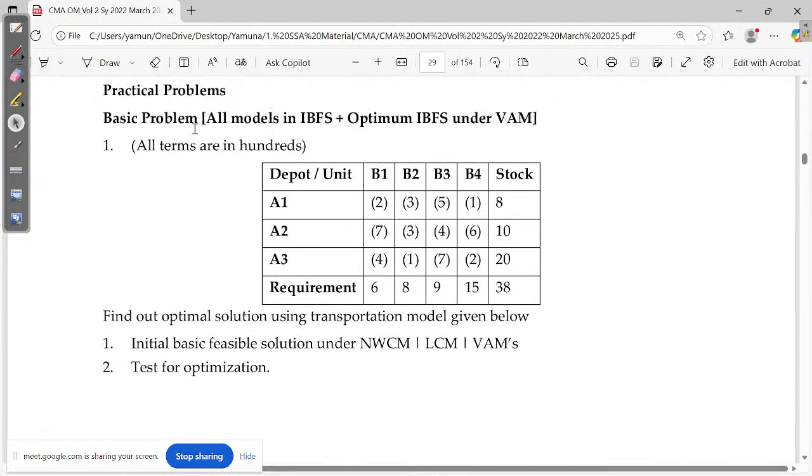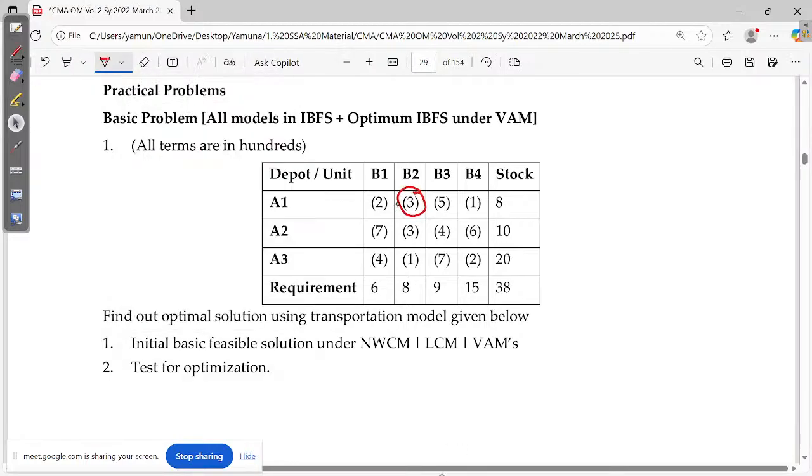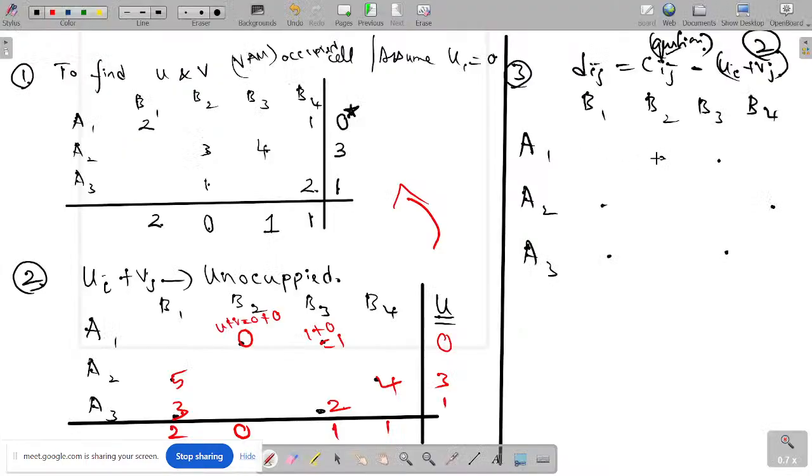A1 to B2 is 3. So let me write it over here. This is 3, Cij, minus Ui plus Vj. What is Ui plus Vj? We found it to be 0 from the earlier table. So 3 minus 0 is 3.